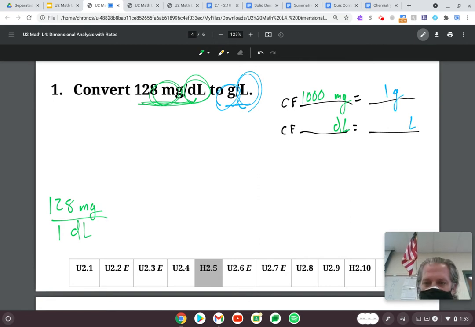And if I consult my handy dandy conversion chart, I see that 10 deci is equal to 1 base. And so what that tells me is that 10 deciliters are the same volume as 1 liter. So now I have the conversion factors or relationships that I need, and I'm going to set up my dimensional analysis problem so that the units cancel out.